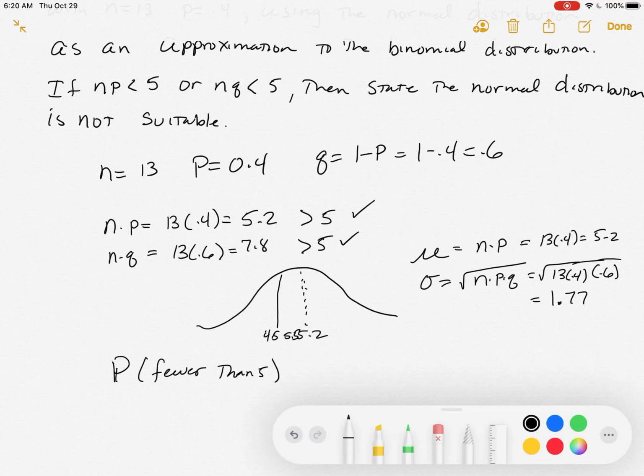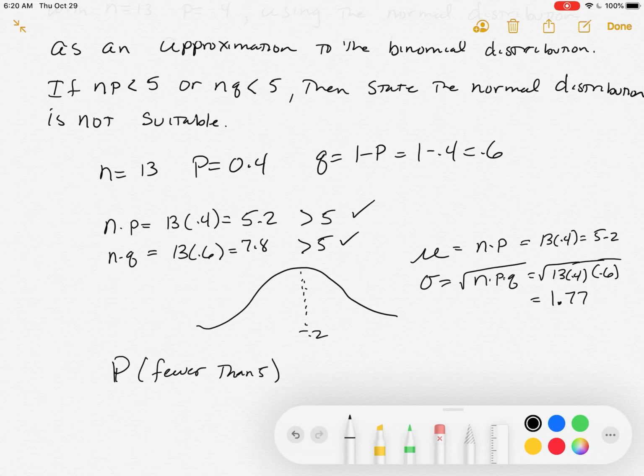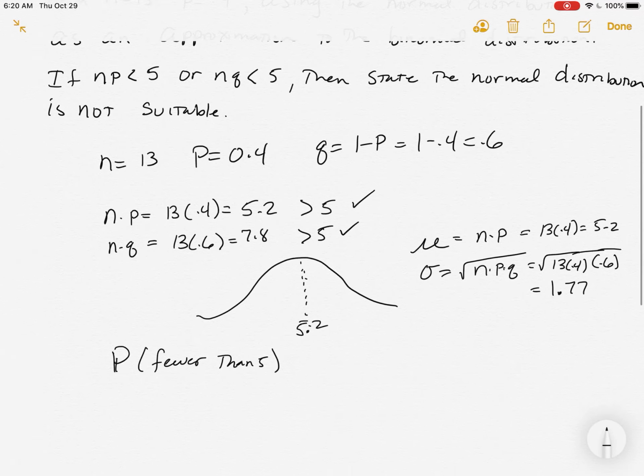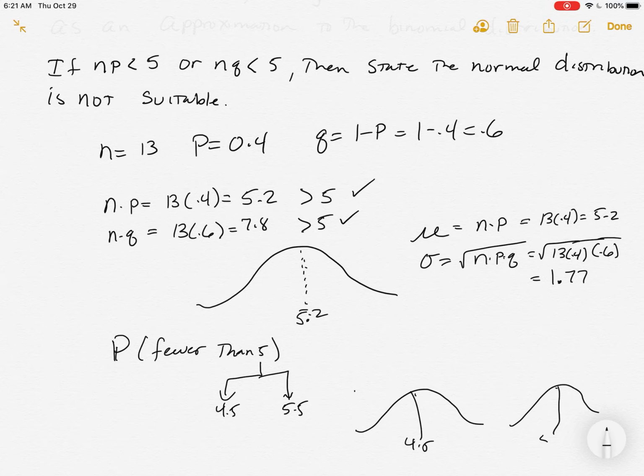So let me come in here and make this a little bit bigger. We have to decide whether we're doing 4.5 or 5.5. And that's always a choice. So you'll never ever use the number that they give you. So the question is, should I be using 4.5 or 5.5? Well, if it's fewer than 5, we want to go to the left. So picture a shading area to the left. So here's my two choices, 4.5 or 5.5. Now you want to have fewer than 5.